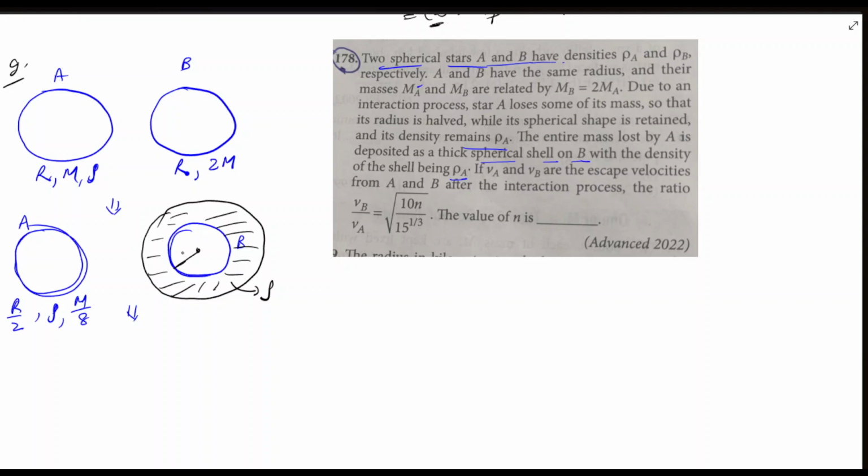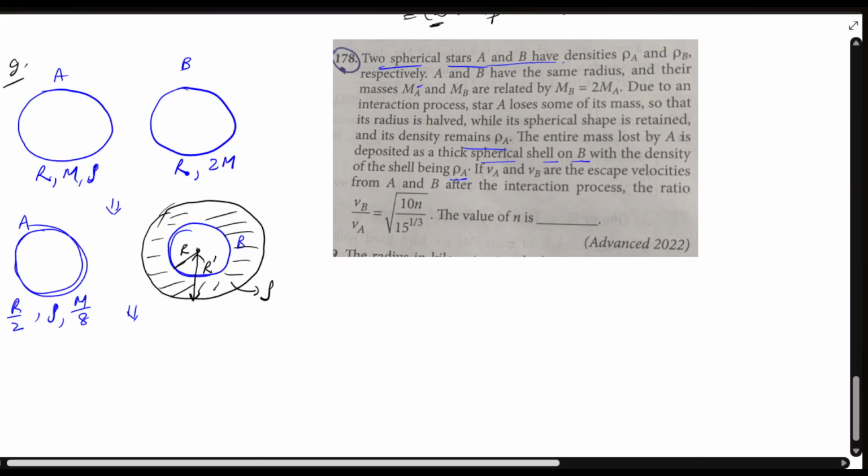So this is the radius R and this radius is actually, let's say, r dash. If vA and vB are escape velocities from A and B after the interaction process, so this is after they're talking about. So we need r dash, then we can solve this question, right? Okay, let's find the r dash first.